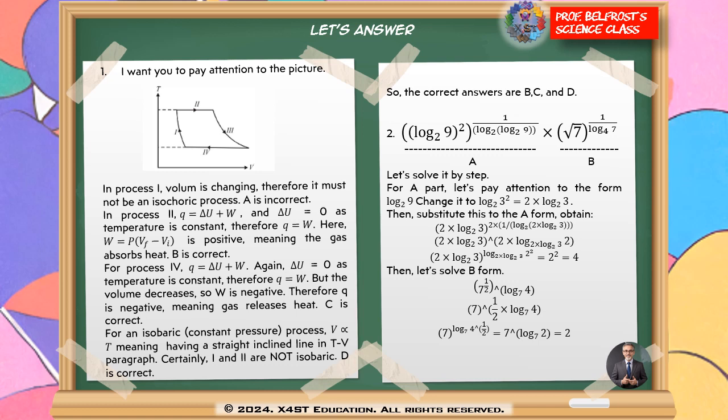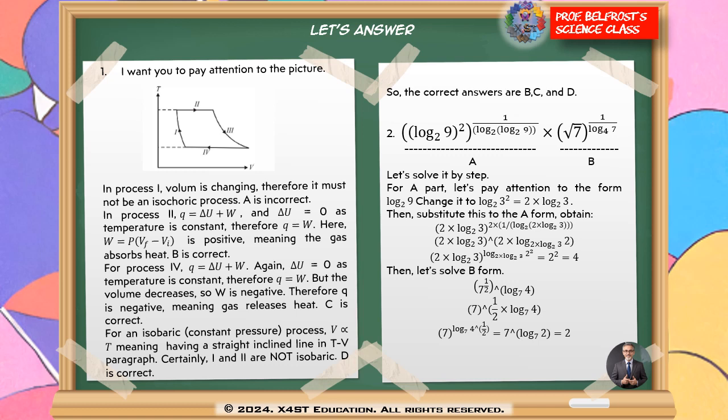Because we can actually move this half to the 4 to be the power of 4, then we have 7 to the power of log base 7 of 4 to the power of a half.